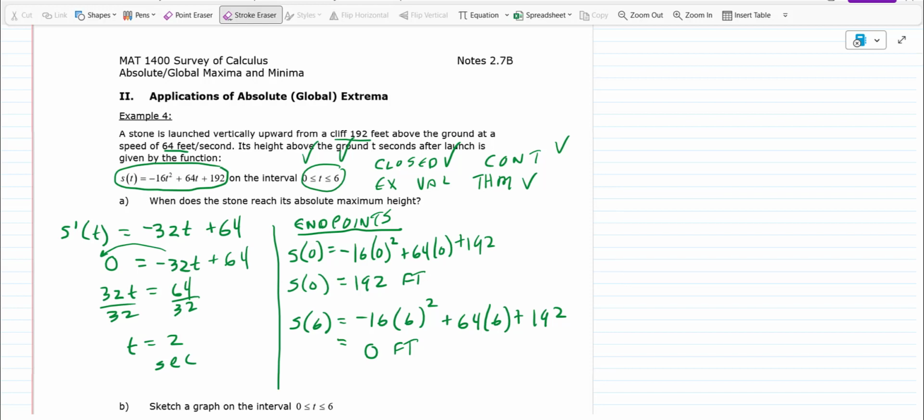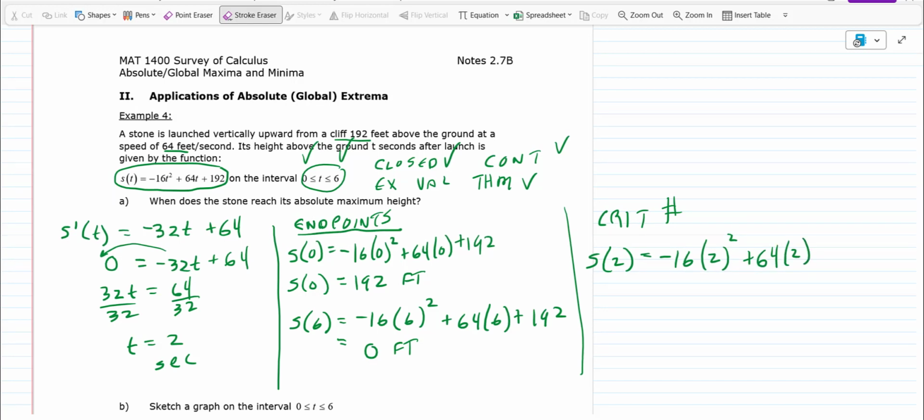Okay, so that's logical. Now what we need to do is do the critical number, and that critical number was 2. So again, we just plug in the 2 seconds. We're going to work out negative 16 times 2 to the second plus 64 times 2 plus 192.